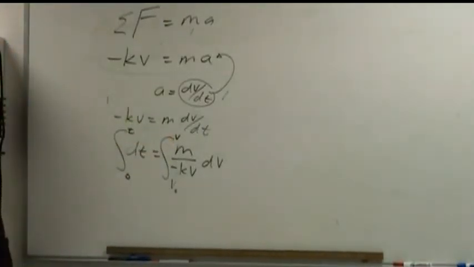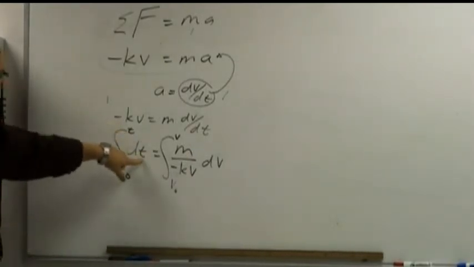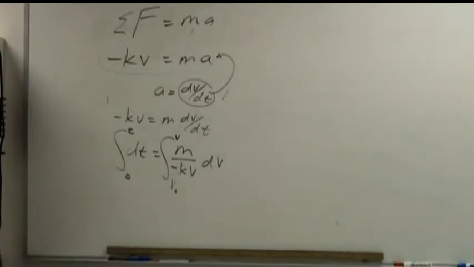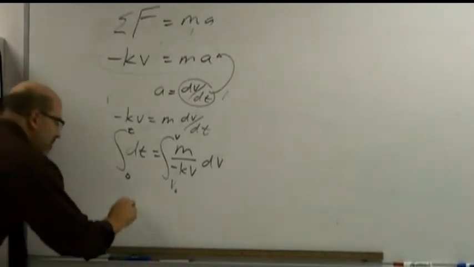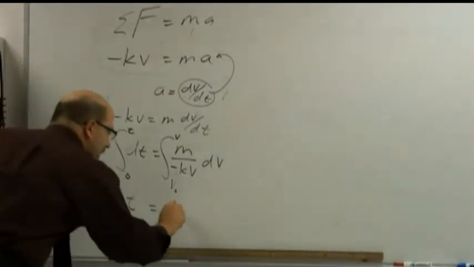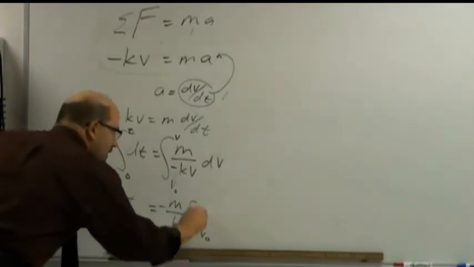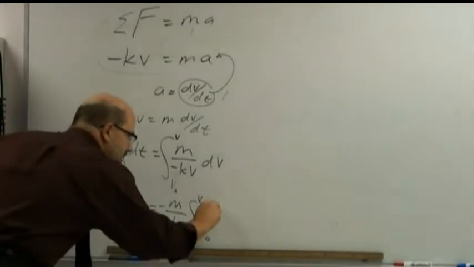Now in math class they'd be mad at me for putting this variable here with the same variable here, but I don't care. So my left side of my equation becomes t. M over negative k, so this becomes m over k negative ln, v naught to v, dv over v.